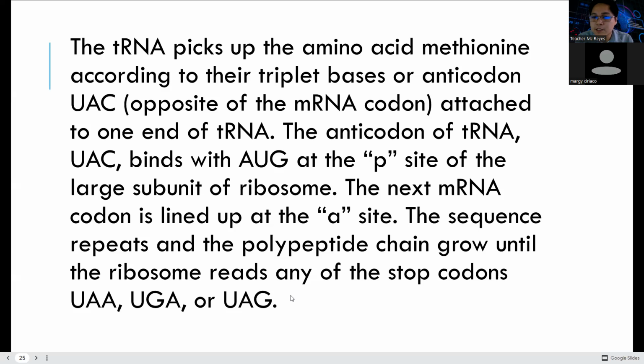Okay? What are these stop codons? We have UAA, UGA, UAG. I repeat. Uracil adenine adenine, uracil guanine adenine, and uracil adenine guanine. Okay? Am I making this clear? We have less than 1 minute.